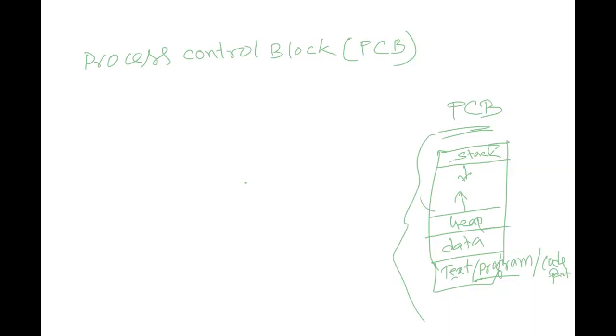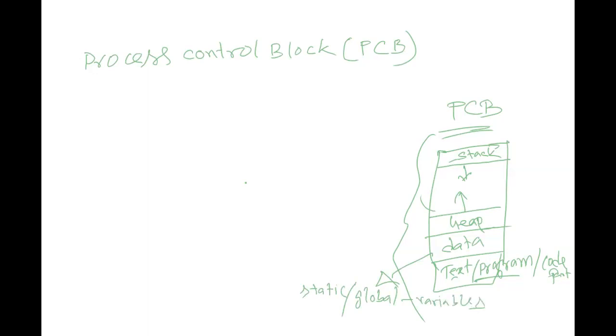The text part is nothing but your programs or code, and the data part, what does it contain? You know that when you define a variable in a program, that's static or global variables.